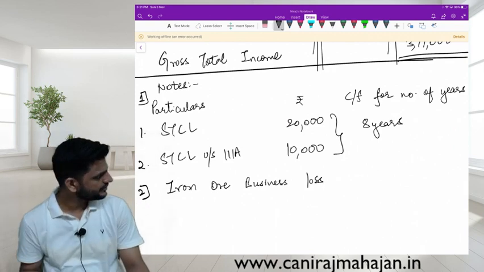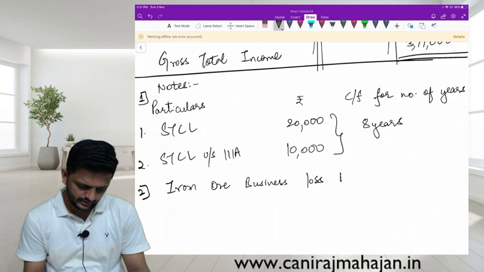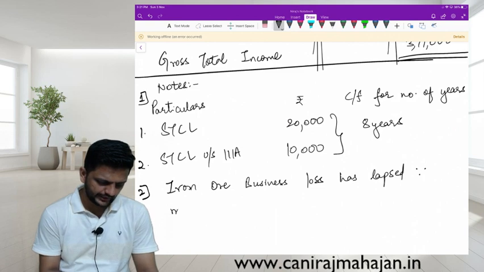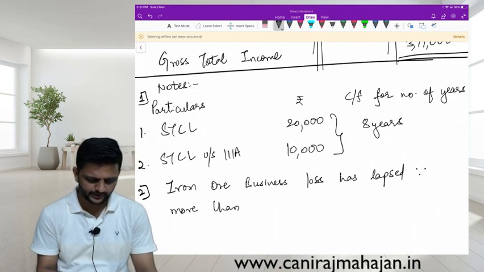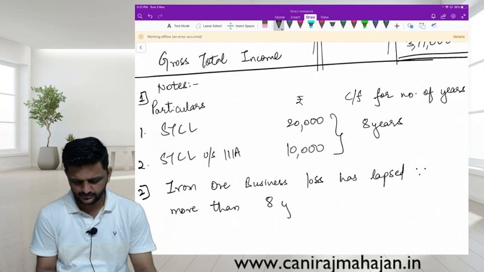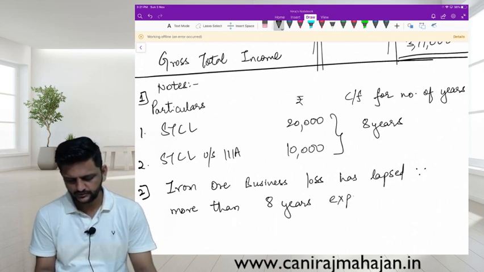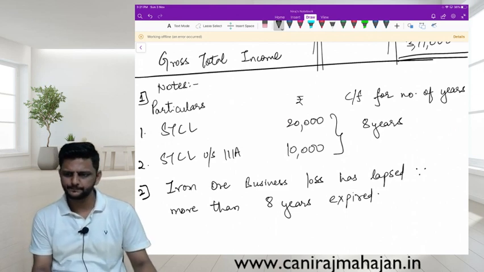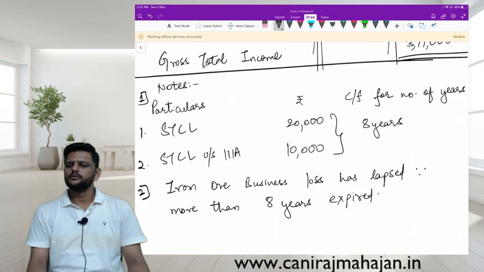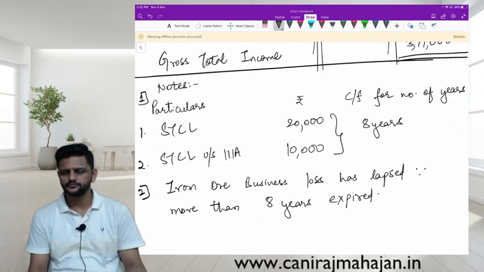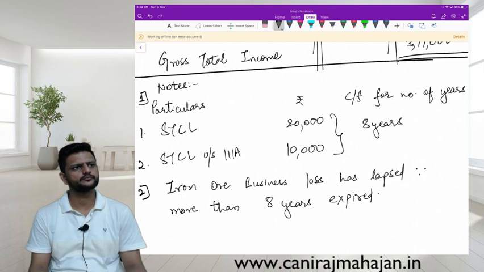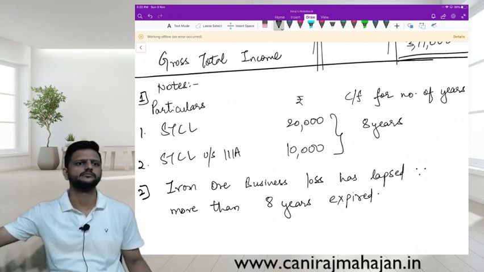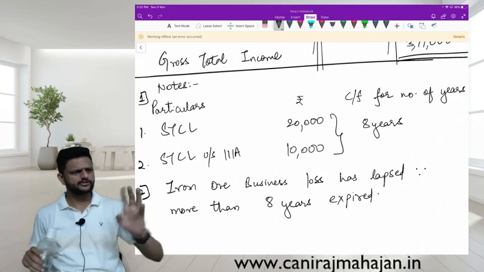The iron ore business loss has lapsed since more than 8 years have expired.